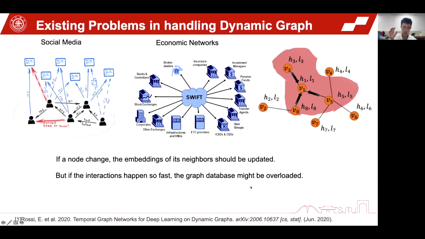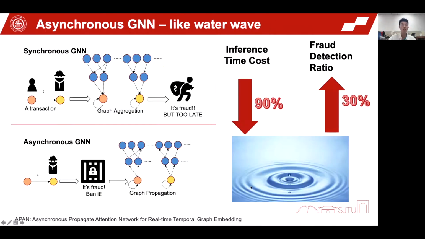To address this problem, we propose a model called asynchronous GNN. Let me explain this. In the traditional GNN, or synchronous GNN, if we want to check whether an interaction is fraud or not, we need to query its one hop neighbors, and use the one hop neighbors to query the two hop neighbors, and then get the final node embedding to make the final decision if it's fraud or not fraud.